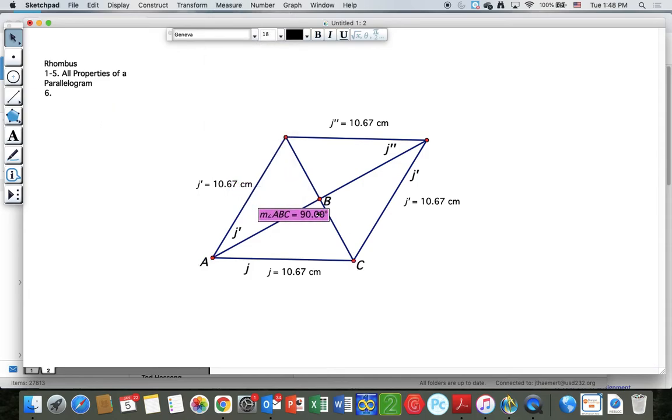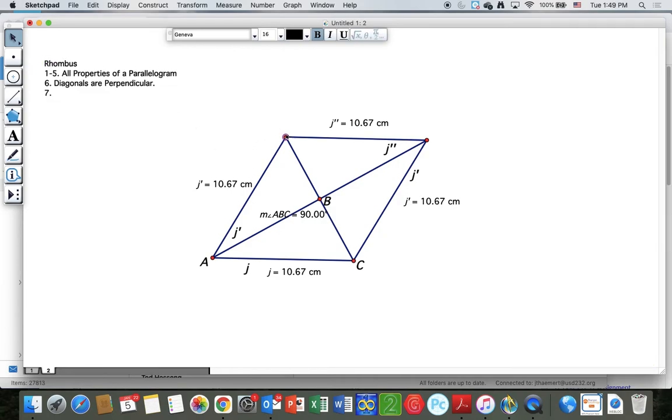It's 90 degrees. So that means all 4 of these have to be 90 degrees. So the diagonals are perpendicular to each other. Okay, so we've got to remember our terms. The diagonals are perpendicular.